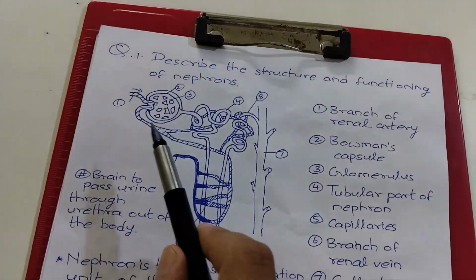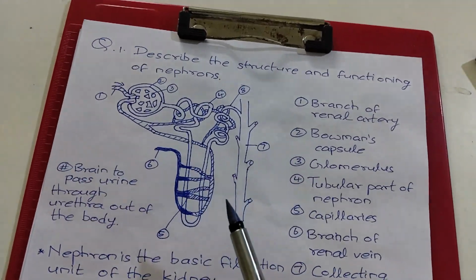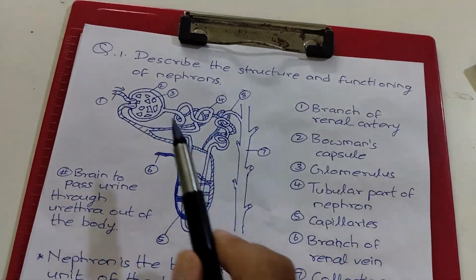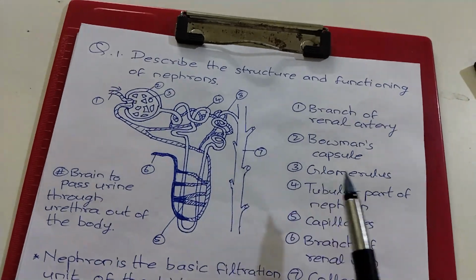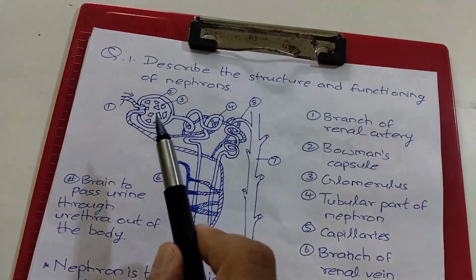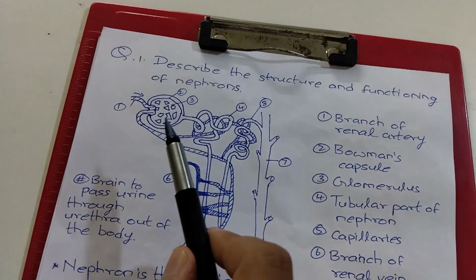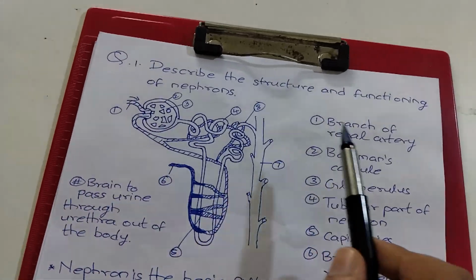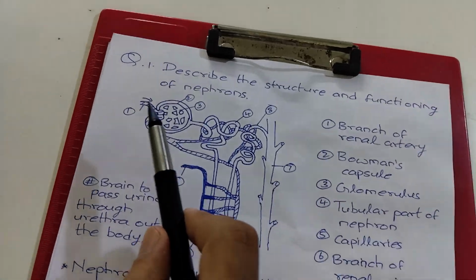This is called the Bowman's capsule, and inside you have the glomerulus, which we'll discuss. It's a set of capillaries, and now one is the branch of renal artery.